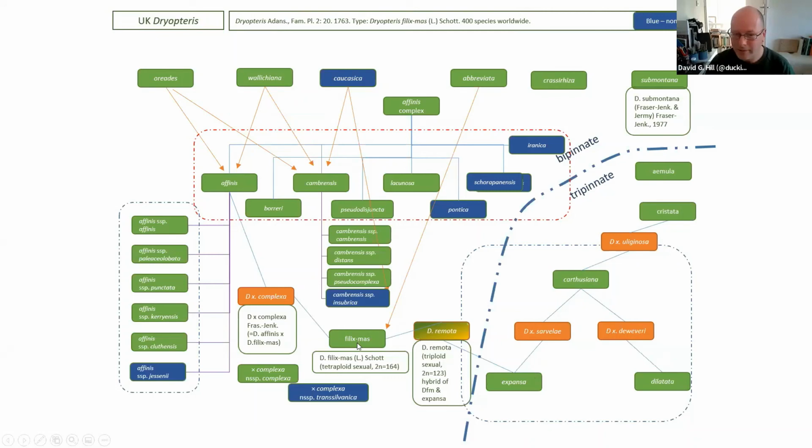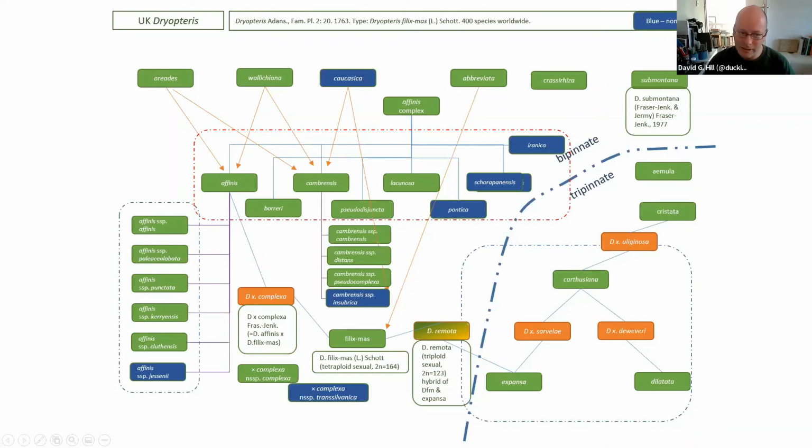So Dryopteris filix-mas, which is the common male fern. Dryopteris oreades, which is the mountain male fern, and then the affinis complex, which includes Dryopteris affinis, lots of different, I say subspecies, but it depends on the author that you're looking at.